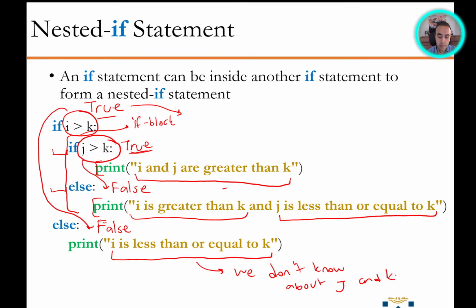We only know that I is less than or equal to k, because all the things that we check inside this if block only apply when I is greater than k. If it's less than k, we actually don't see this check because we skip that part. We directly jump into the else statement.